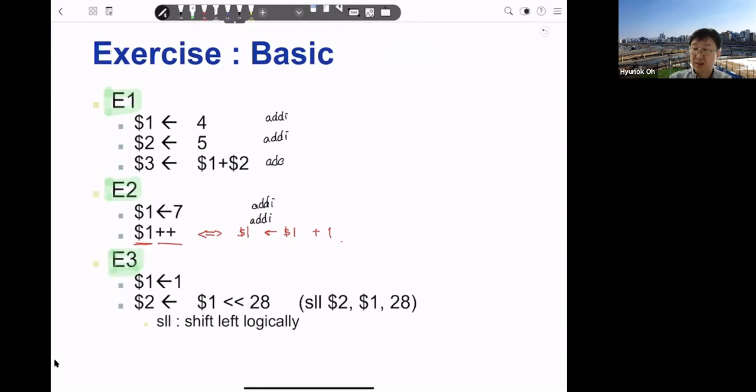First, the $1 value should be assigned 1. And then we have to shift left logically. So can you write the code and put the result in the chat window?